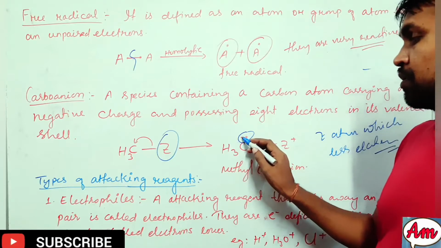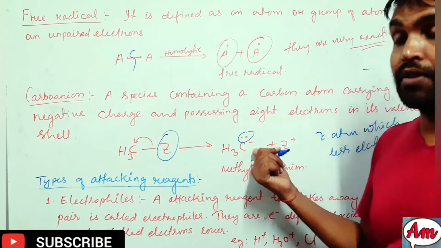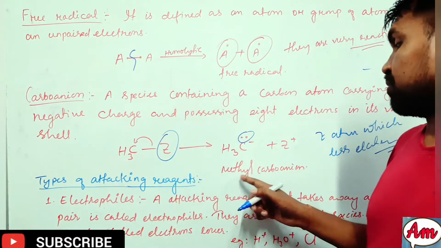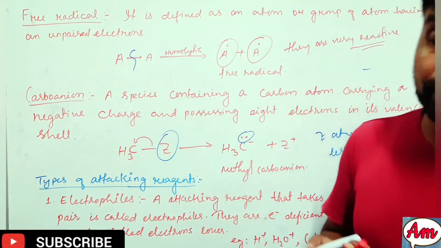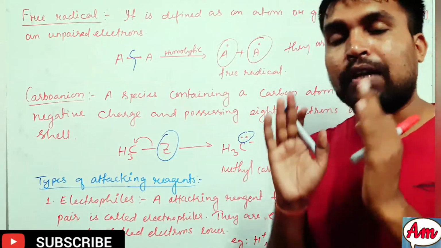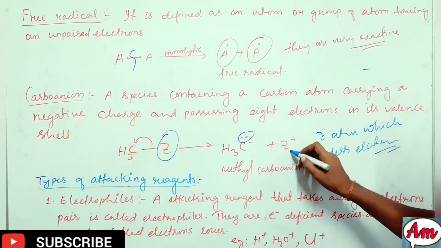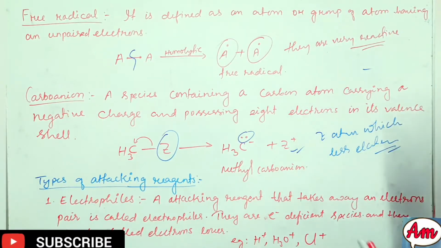See, the double dot is there, that is the electrons, and since it has gained, it has a negative charge, and now the carbon will be called what? Carbanion. Carbon with negative charge, we call it carbanion. Carbon, when it has positive charge, we call it carbocation, and this is Z positive. Okay, so hope you have understood what is a carbanion.